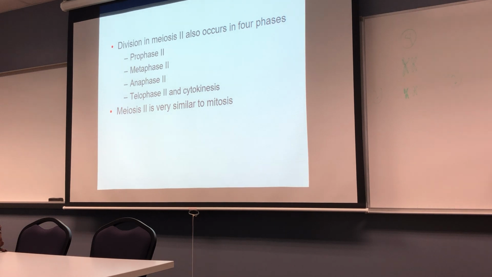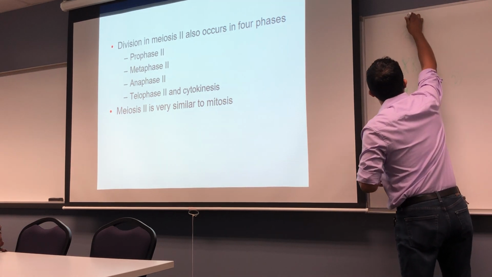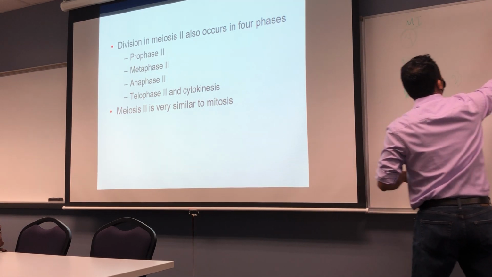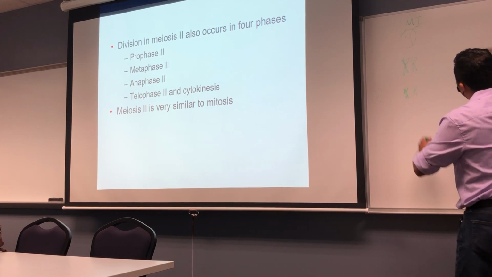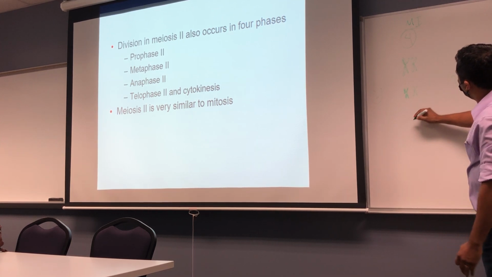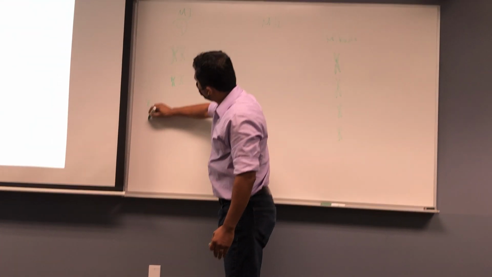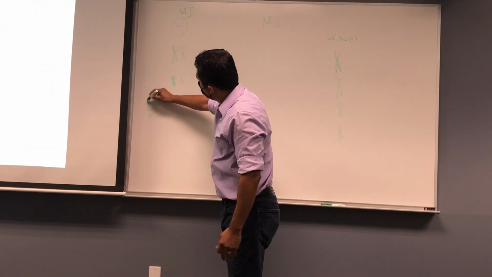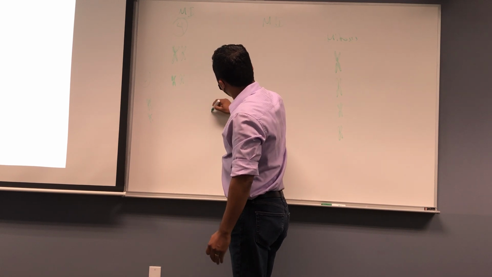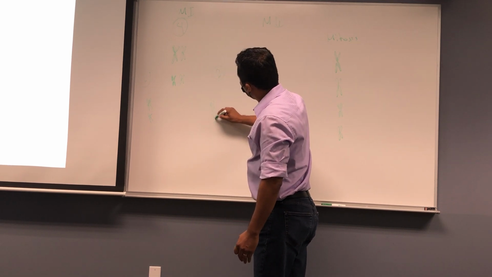So here you have meiosis 1. In meiosis 2, you have this separation right here, so at the end you will have these right there, and these right there.